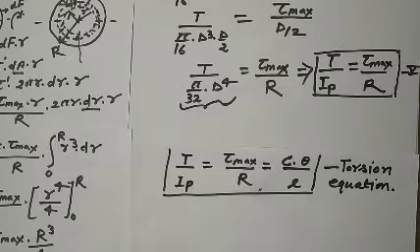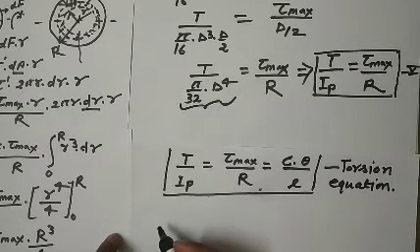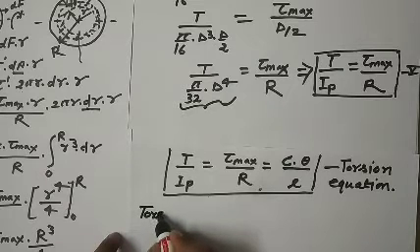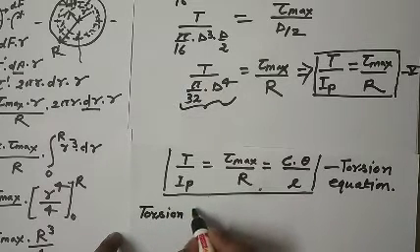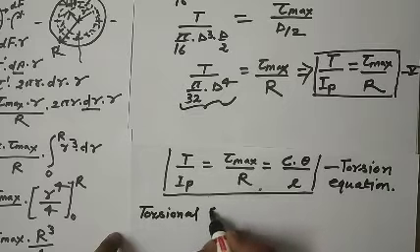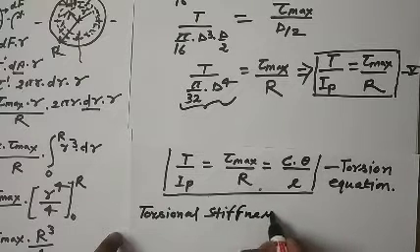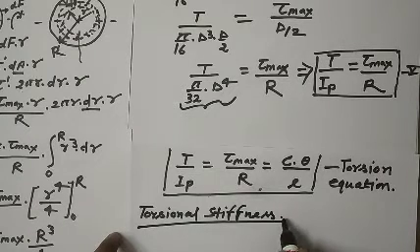There are some more definitions coming out of this expression, like the definition of torsional stiffness. Sometimes in numerical problems, values are given in terms of torsional stiffness. Then what is torsional stiffness?